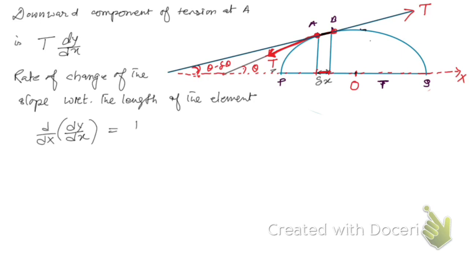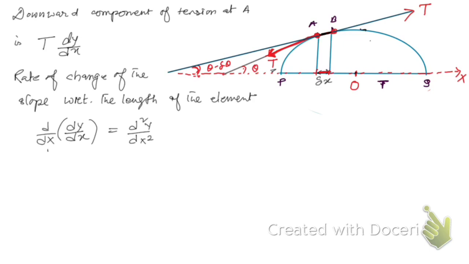Which will be equal to the second order derivative of y with respect to x. dy by dx is nothing but the rate of change in y with respect to x, and the rate of change of this rate of change with respect to x is this, right? That means the rate of change of the slope will be different at A and B.